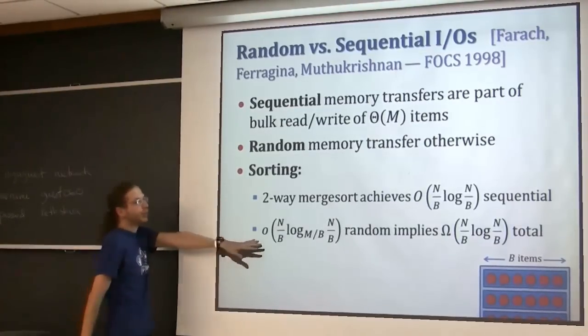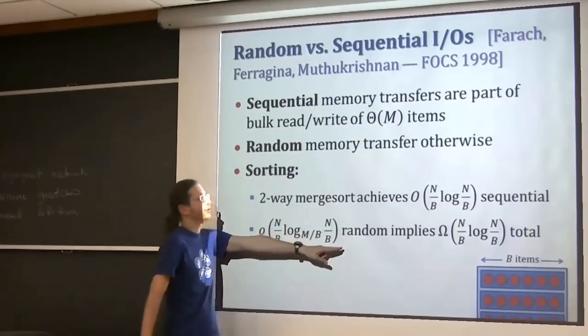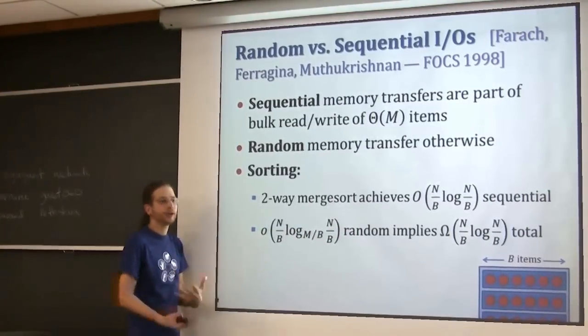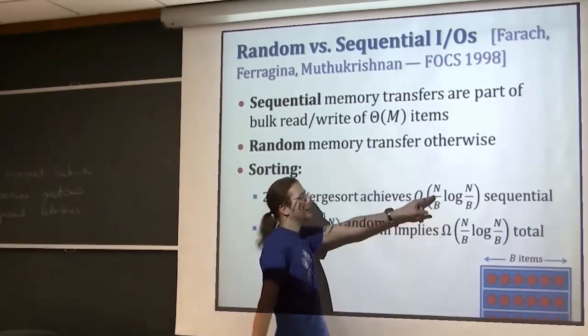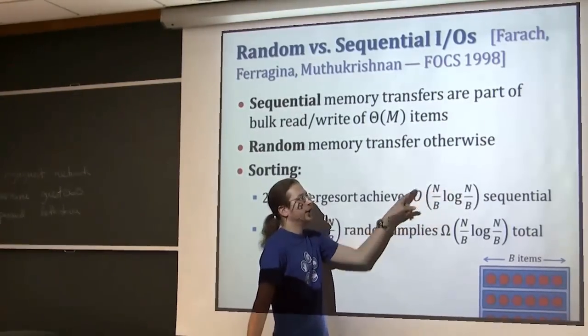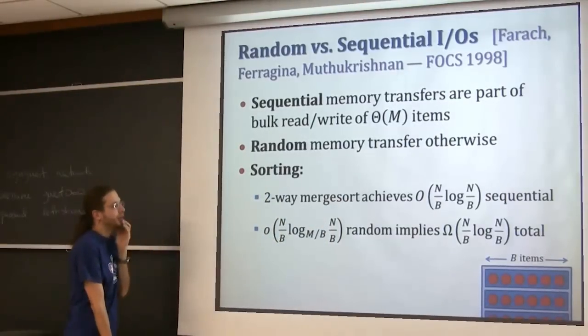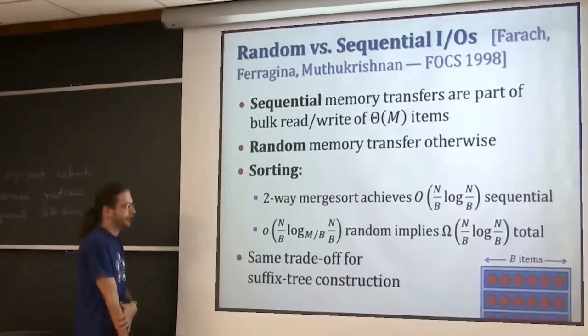If you want the number of random memory transfers to be little o of the sorting bound, so you want at least more than a constant fraction to be sequential, then you need to use at least this much total memory transfers. And so binary merge sort is optimal in this model, assuming you want a reasonable number of sequential accesses.